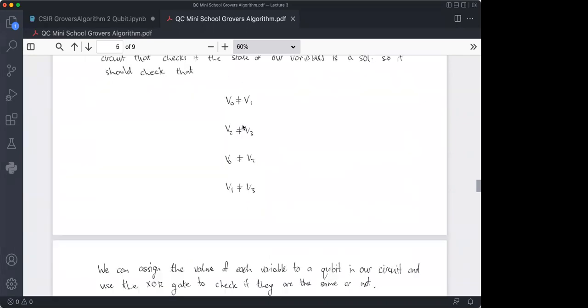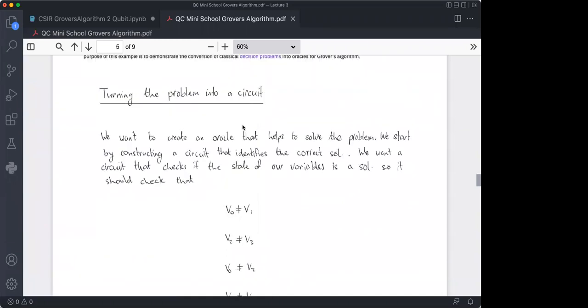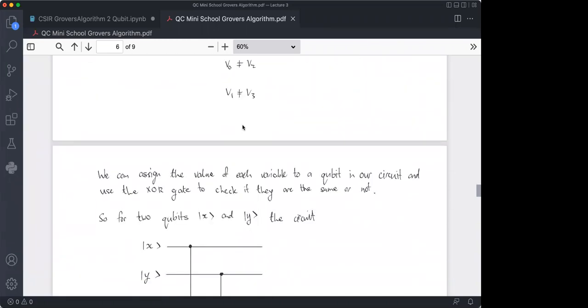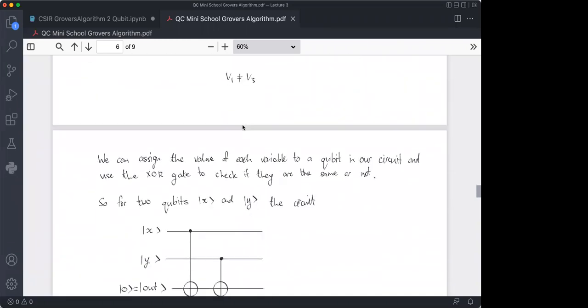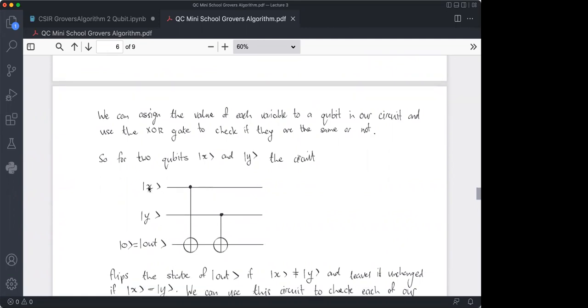So we want a circuit that checks these variables and sees if they satisfy these conditions. If we assign each variable to a qubit in our circuit, then we can use the XOR gate to check if they are the same or not. If you recall from classical computing or a course on logic, the XOR operation is 1 if the two inputs are different, and 0 if the two inputs are the same. The circuit that implements an XOR gate looks something like this.